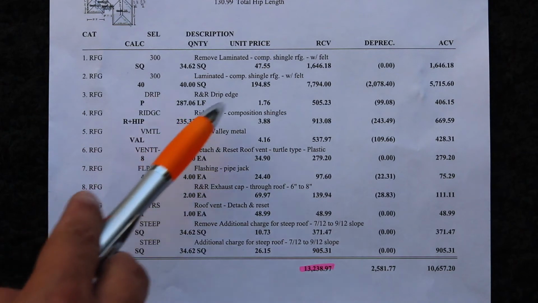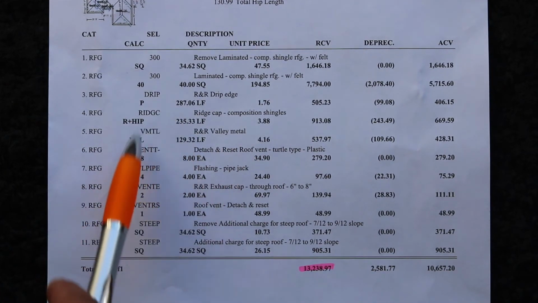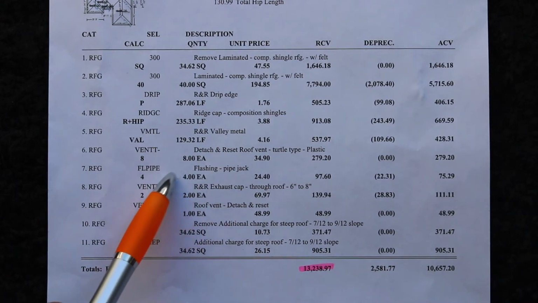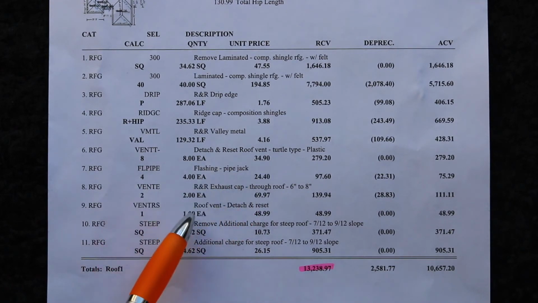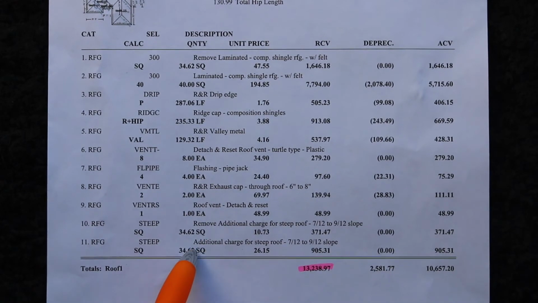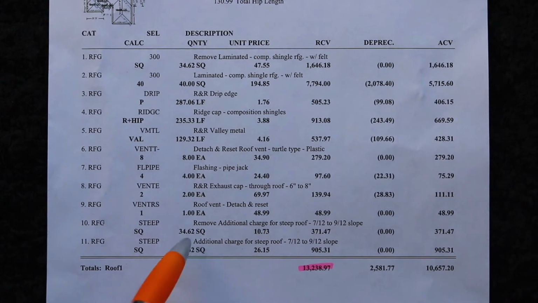Other items like drip edge, ridge cap, valley metal, and detached reset vents are all associated with the roof, as are the flashing pipe jacks, exhaust caps, and roof vents. This one also has a steep roof, so you'll see the removal and an additional charge for the steep roof. Some roofs may have less, some may have more. It all depends on the size and type of roof you have.